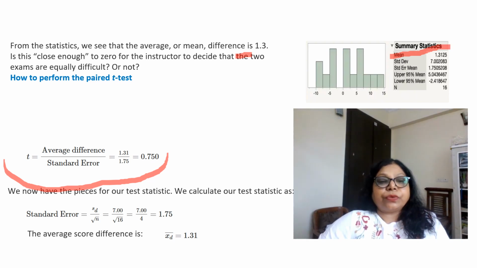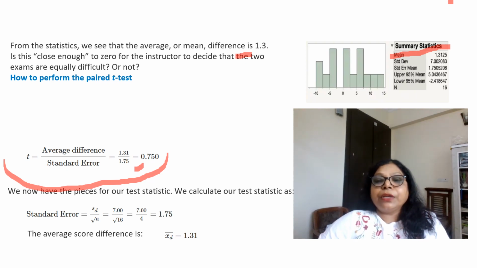So the t value comes to 0.75. The average score difference, that is x-d bar, is 1.31. That is the mean, as we can see over here. And the standard error for the score is 1.75, which I have already taken over here.